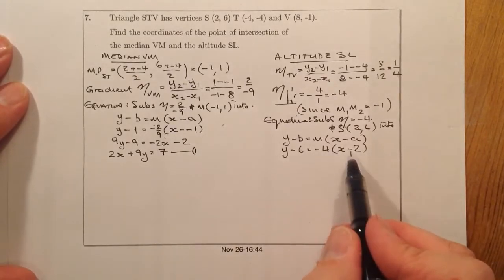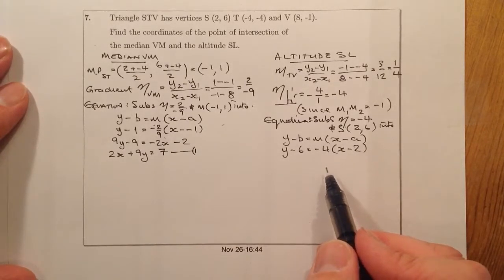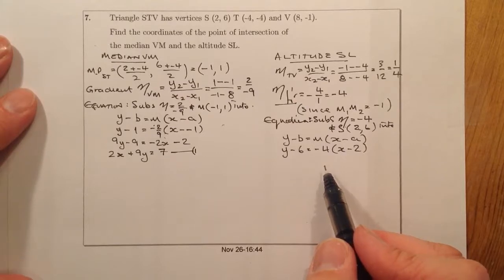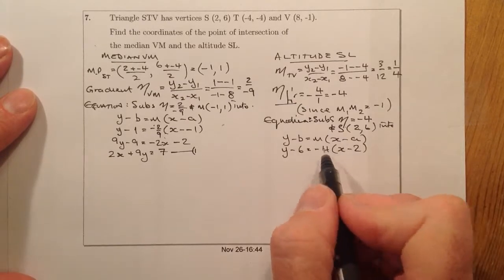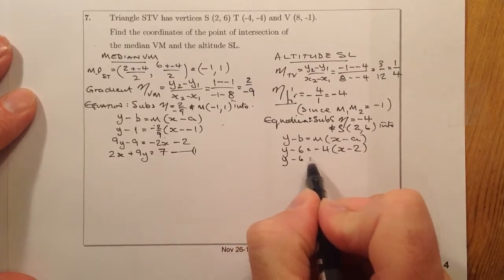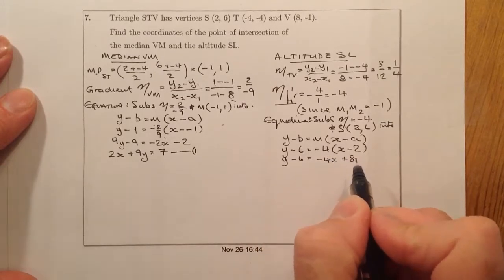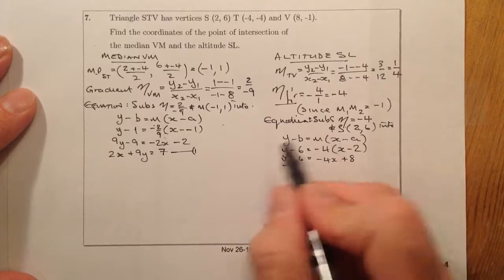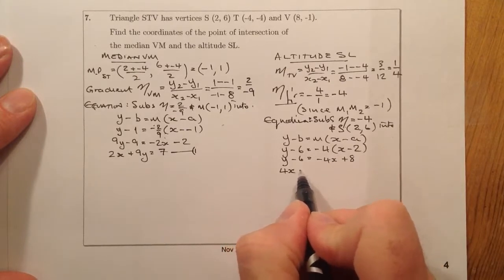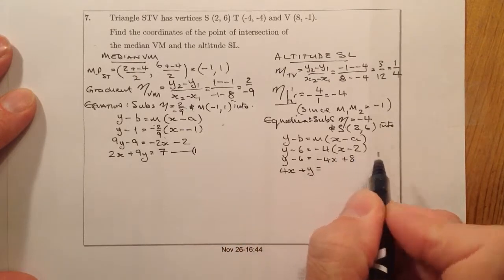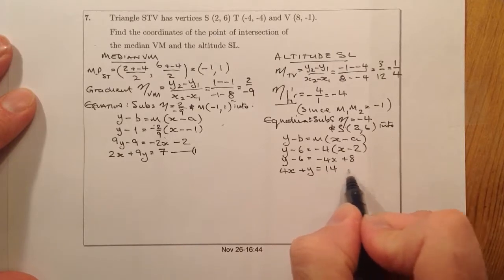What I'll do is multiply that out and gather it up, and that'll be me prepared for the simultaneous equations that I'm going to have to do. So I've got y minus 6 is equal to minus 4x, that's going to be plus 8, the two negatives multiplied together. Take the 4x over this side, 4x plus y, take the minus 6 over at that side, and that's going to give me 14.